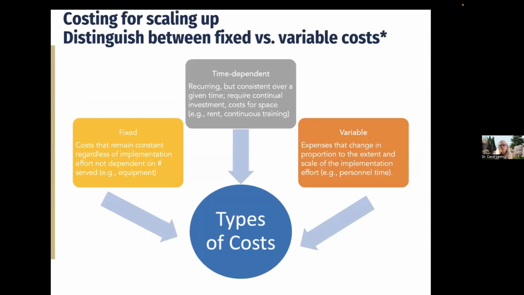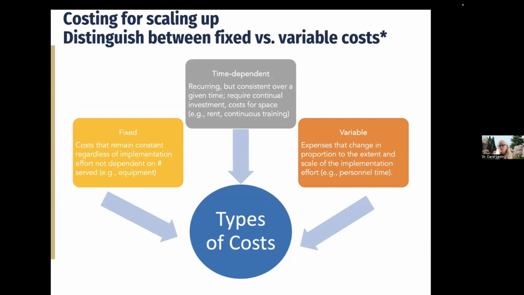Next, economists are also really concerned with distinguishing between fixed and variable costs. This is particularly important for scaling up. When we move from a randomized controlled trial, a pilot or a demonstration project to a national or subnational program, we need to understand how costs vary between fixed and variable.